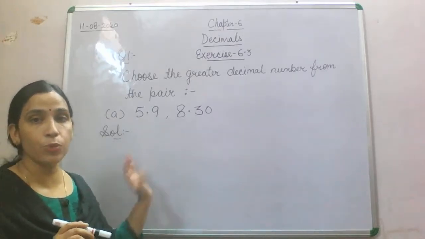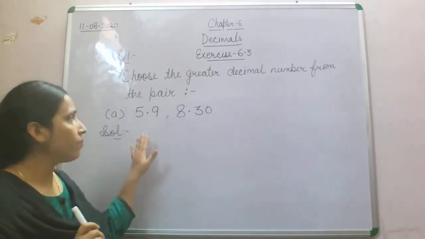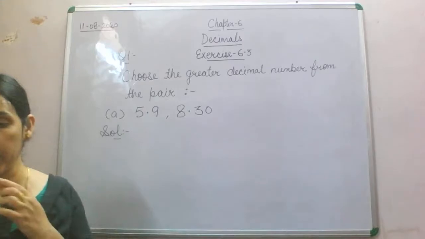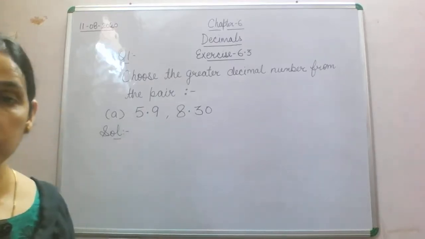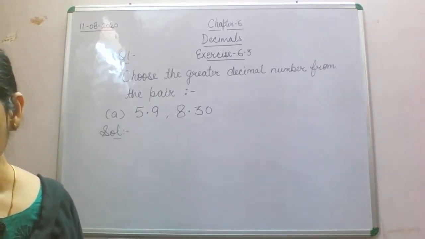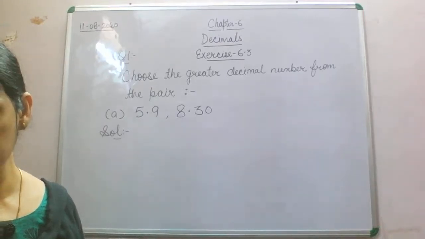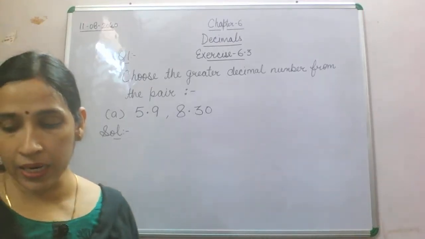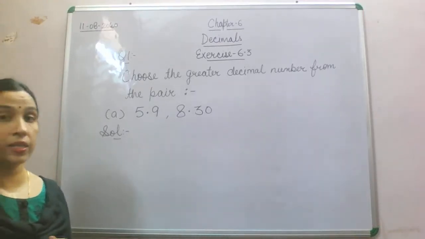Fine. If you find your answer from the whole number part, then you don't require to compare the decimal part. Now in this question, what is the whole number in 5.9? In 5.9 the whole number is 5, and in 8.30 the whole number part is 8.